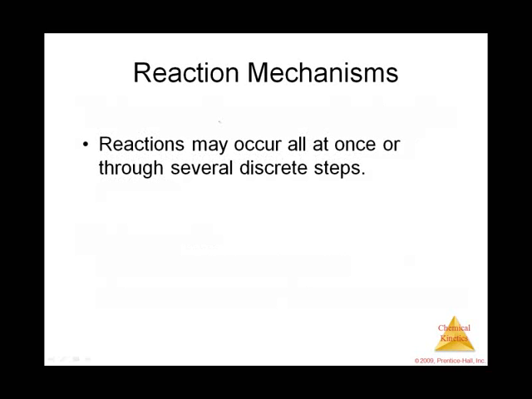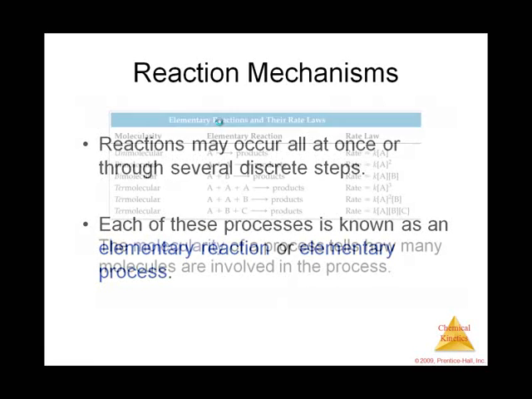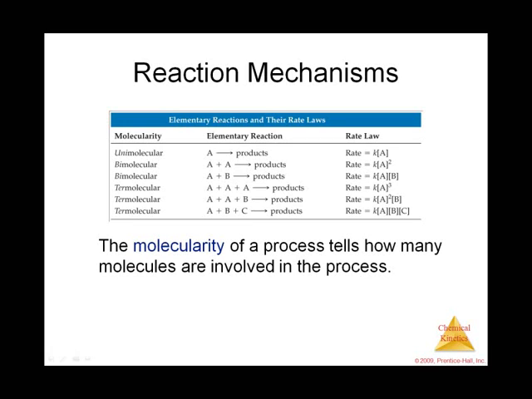So reactions may occur either all in one step or through several discrete steps. Each of these separate steps is known as an elementary reaction or an elementary process. And they use terms that describe how many things are actually reacting as reactants, and they call this the molecularity.